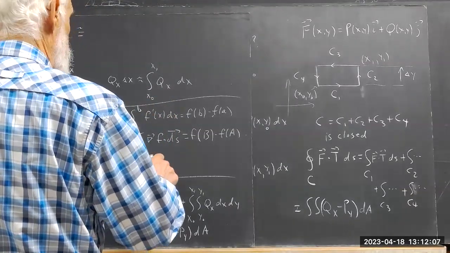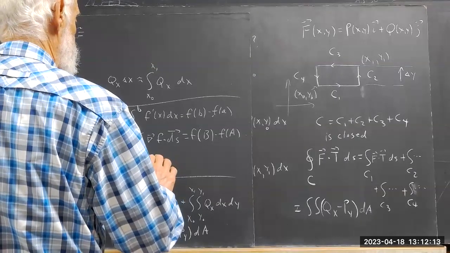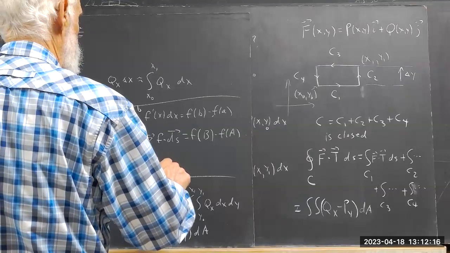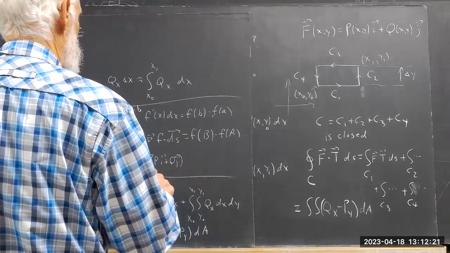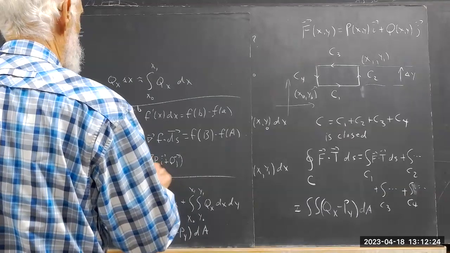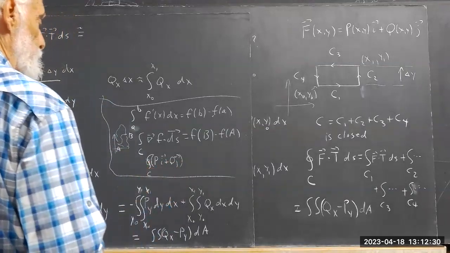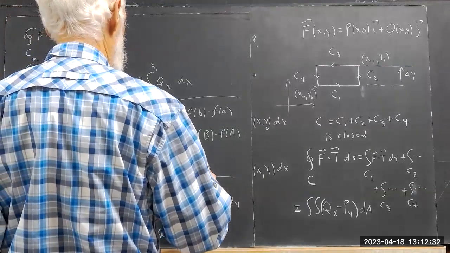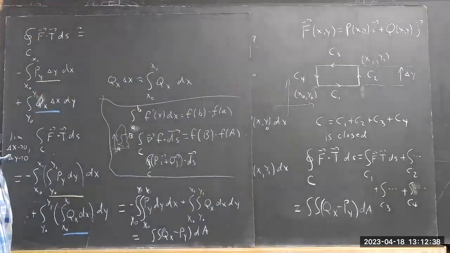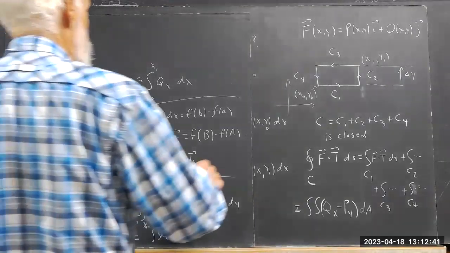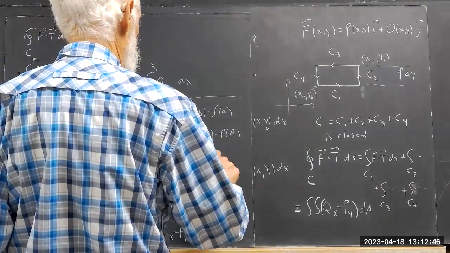It says the integral of P i plus Q j along a closed path C, vector dot ds, is equal to the integral over the region.